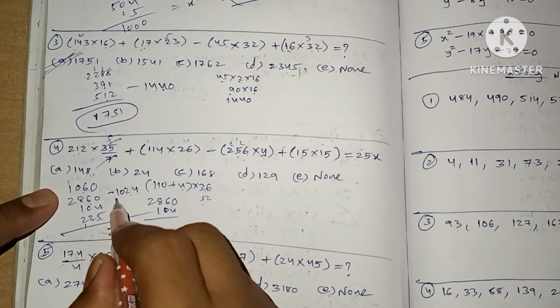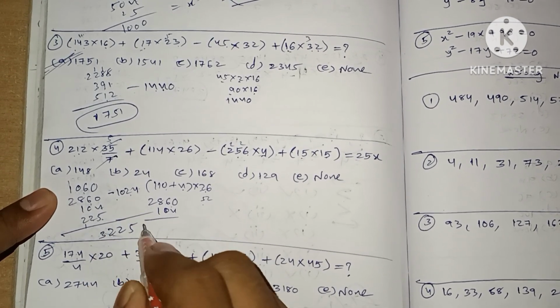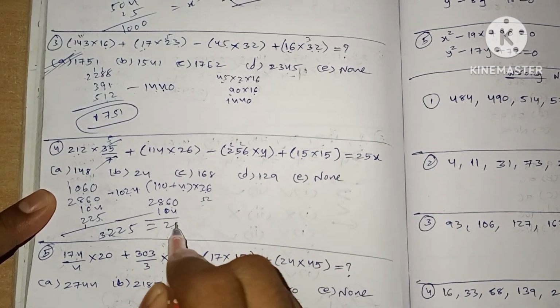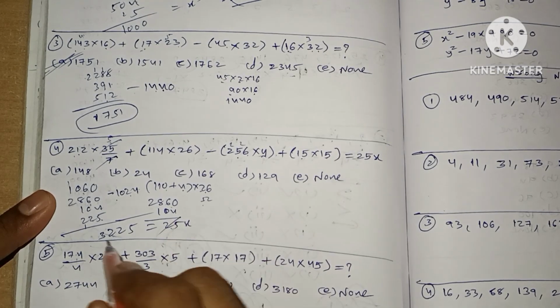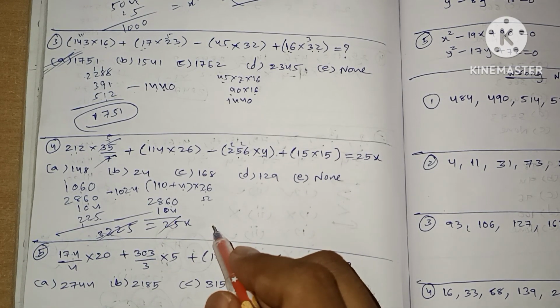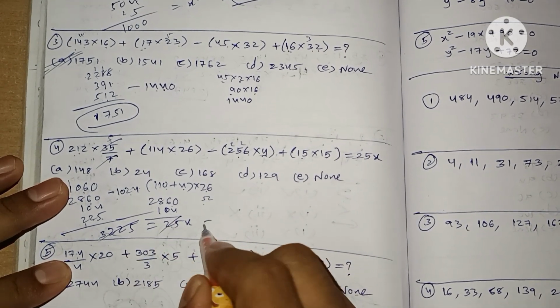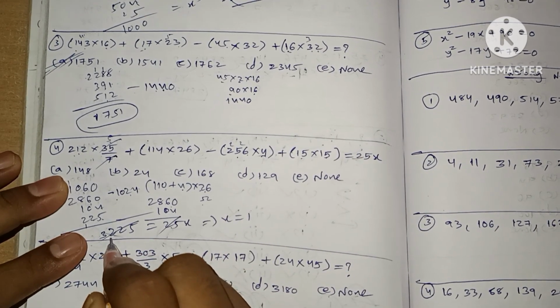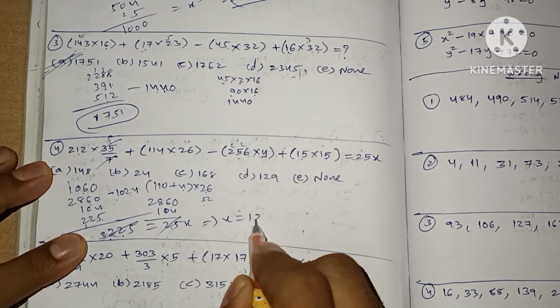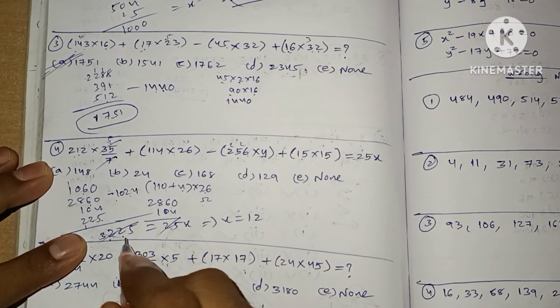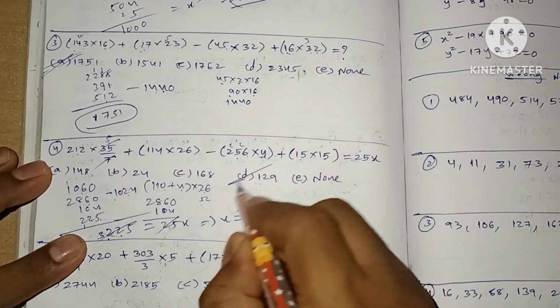This is 4, and we need to subtract 325 equals to 25x. So 25 1 times is 25, and left with 72, 72 2 times 50 and 225. 225 means 9 times. Answer is option D, 129.